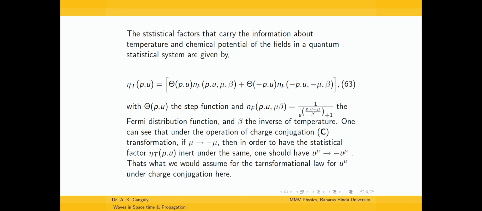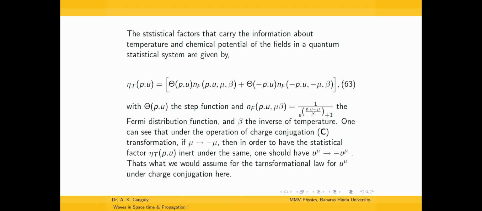In thermal field theory, when you talk of the Green's function or propagation of a signal from one place to another, these Green functions have in their medium dependent part a multiplicative factor which is called a statistical factor, and these statistical factors depend on step functions and the corresponding Fermi-Dirac distribution function.